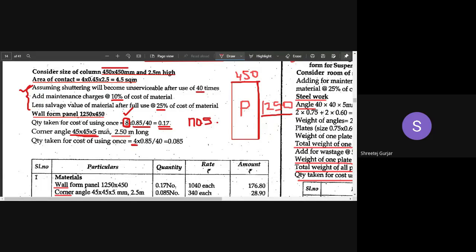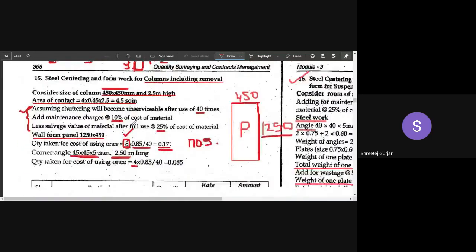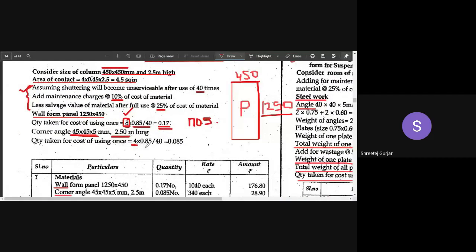The height we require is 2.5 meter, which is the total height of your column. So 4 numbers, each 2.5 meter high, 45 by 45, with 5 mm thickness. So 4 into this constant we have multiplied, and we have calculated in numbers.